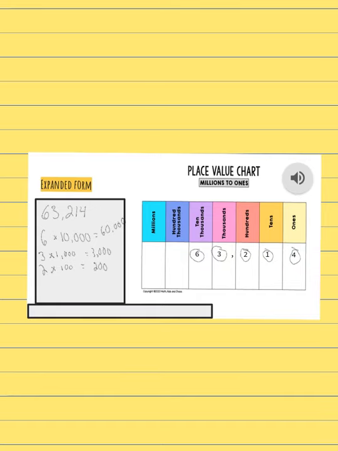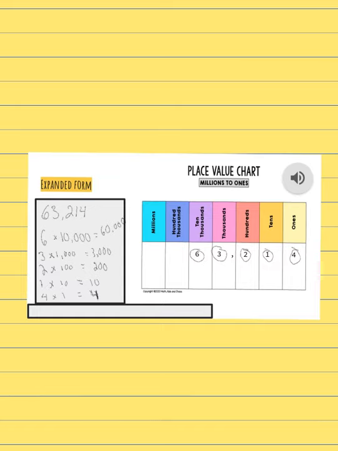And then you've got 4 in the ones place, 4 times, oh, sorry, did I miss one? Yep, I missed one. Let's go back to the tens place. We've got a 1 in the tens place, 1 times 10 equals 10. And then we've got 4 times 1 equals 4. Okay, so there's all of our values of each of the digits over here.